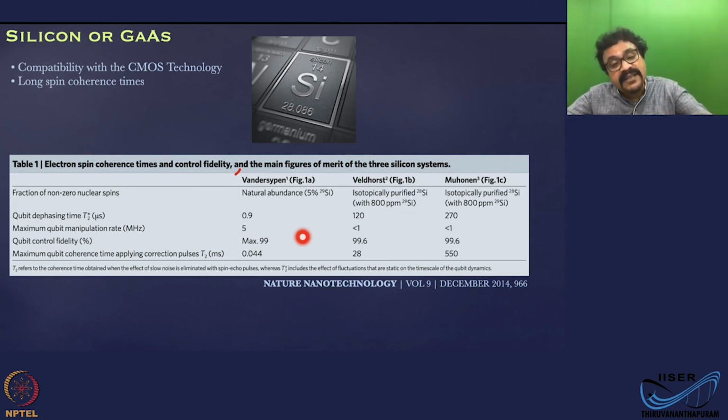One of the main criteria, probably very important, is the coherence time, long coherence times. If you look at the gallium arsenide system, a lot of initial, groundbreaking developments, a lot of interesting physics and prototyping has happened in gallium arsenide quantum dots.